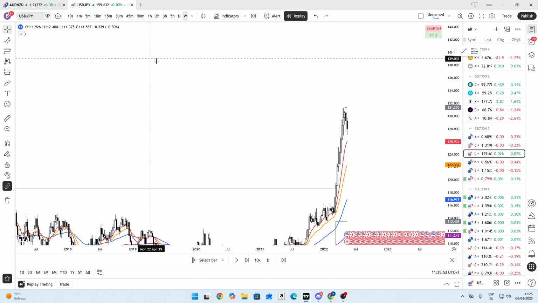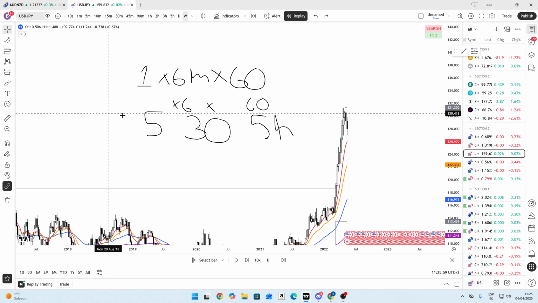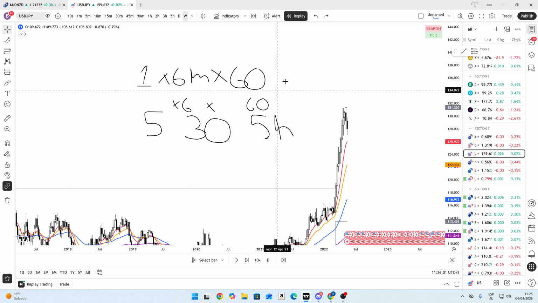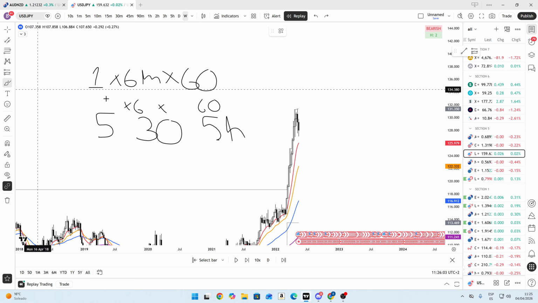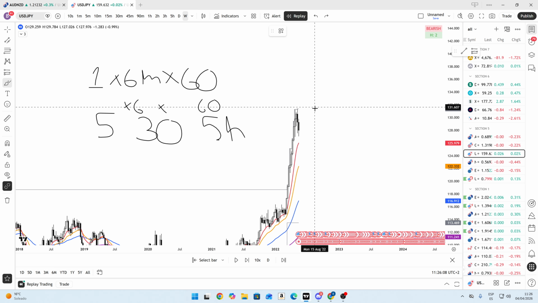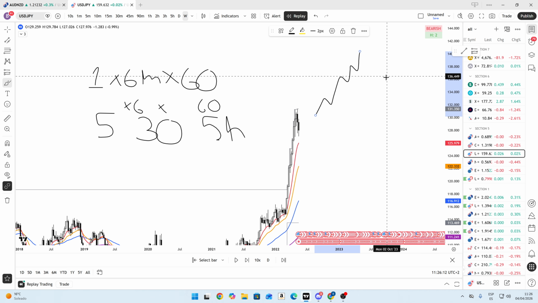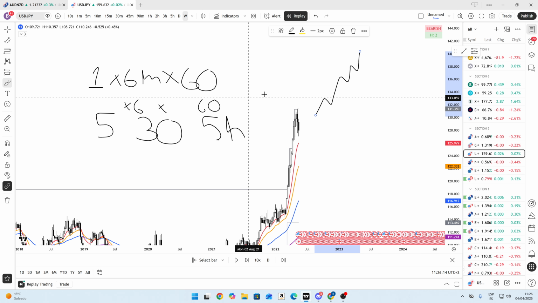Sometimes I don't use certain time frames. For example, sometimes I don't use the 30-minute time frame because the trend is so strong. Let's say on the daily we are very, very bullish, to the point that price doesn't want to create fractals on the 30-minute time frame.